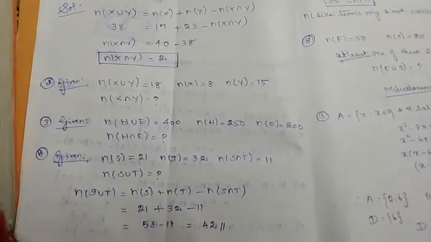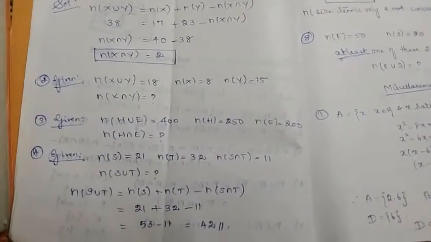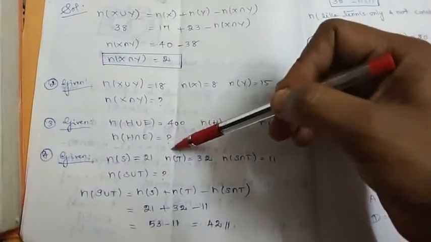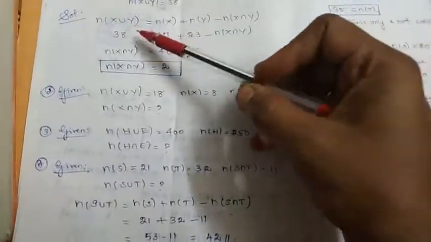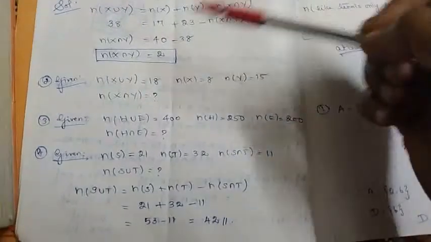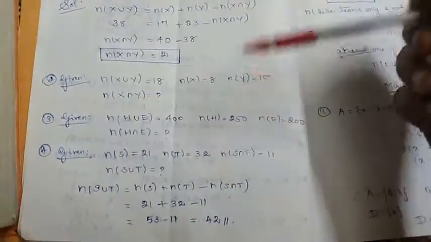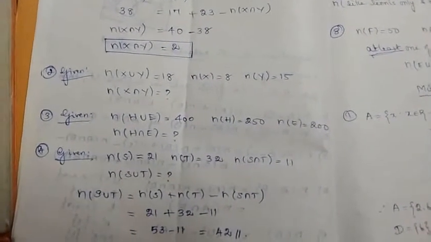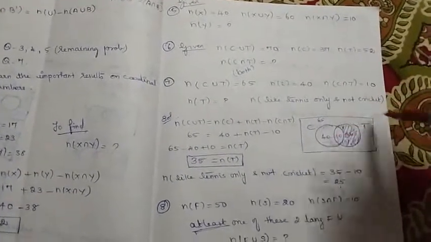When they say both, it is intersection. They asked you to find both Hindi and English, so intersection you have to find. The total number denotes union. So in this case and all, we will be using that formula I told you earlier: n of A union B is n of A plus n of B minus n of A intersection B. These are all easy problems. Hope you can recall. These problems can be solved using Venn diagram also.